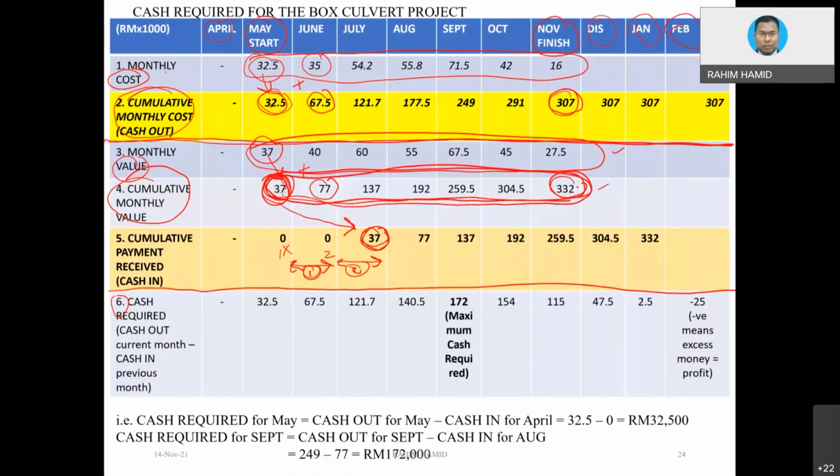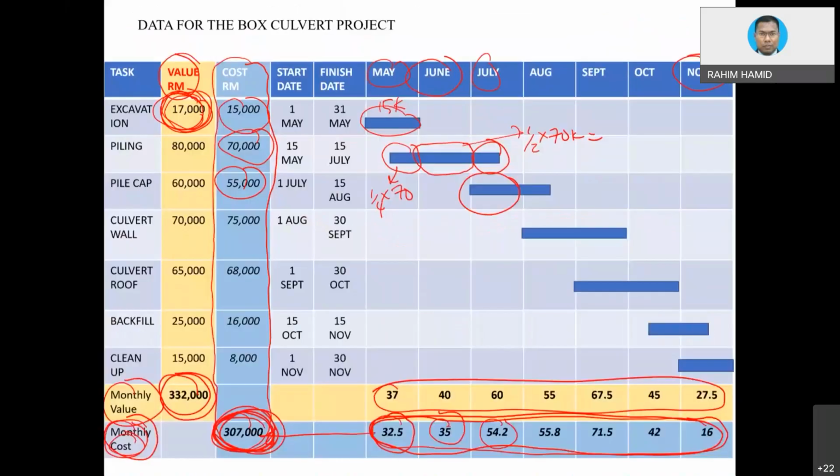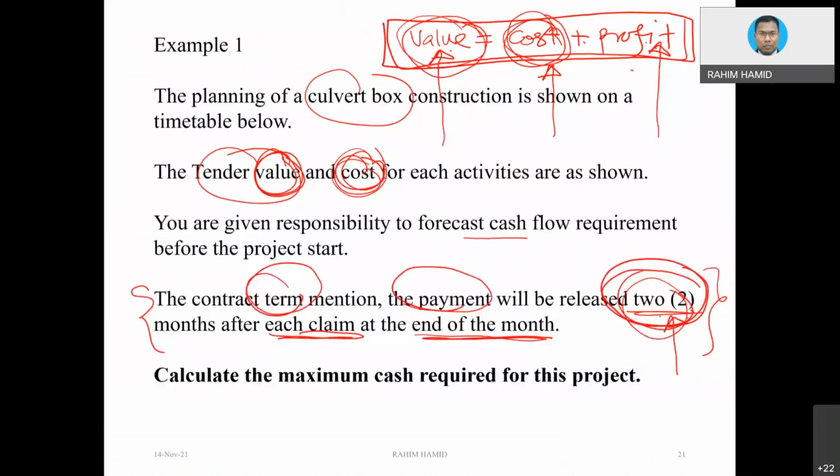But you need to copy and paste in the right place. Once you identify, oh, this is the right place, then everything will be sitting there nicely. You don't have to do anything. Just copy and paste, because that is the amount that you assume when you submit the claim. So you are going to get the same amount. There is no deduction, nothing, because the contract term does not say so. But in other questions, you need to read some of the terms.